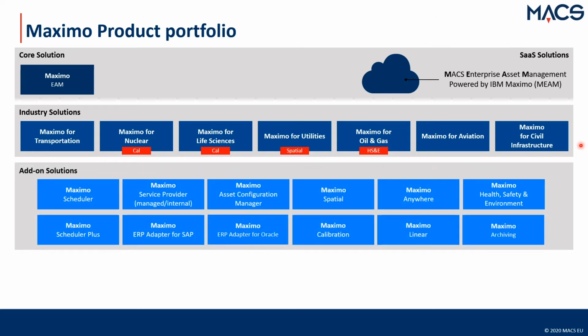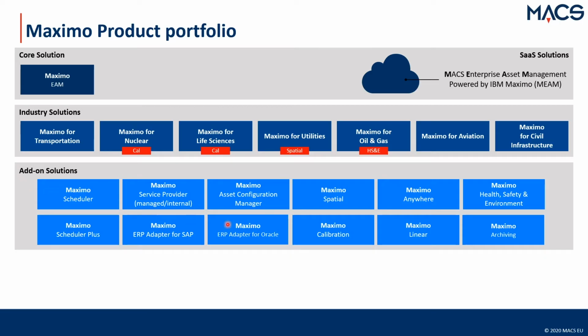And of course there are also add-on solutions, if you want to add certain functionality to IBM Maximo, like for example Maximo Scheduler, which allows you to graphically schedule and assign your labor with the proper amount of materials they need to the work they are assigned to.